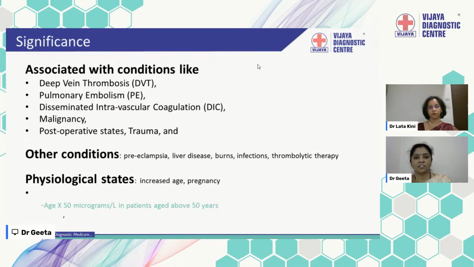Coming to the significance of D-dimers, increased levels of D-dimers are associated with conditions like deep vein thrombosis, pulmonary embolism, disseminated intravascular coagulation, malignancy, postoperative states, trauma, preeclampsia, liver disease, burns, infections, and thrombolytic therapy.